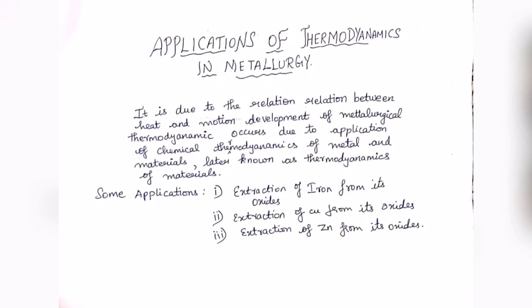Some of its wide applications are extraction of copper, iron and zinc from their oxides. In general, its main application is extraction of metal from metal oxides. It is used in extracting metals from the ores, and so on. So these are some applications of thermodynamic principles in metallurgy.